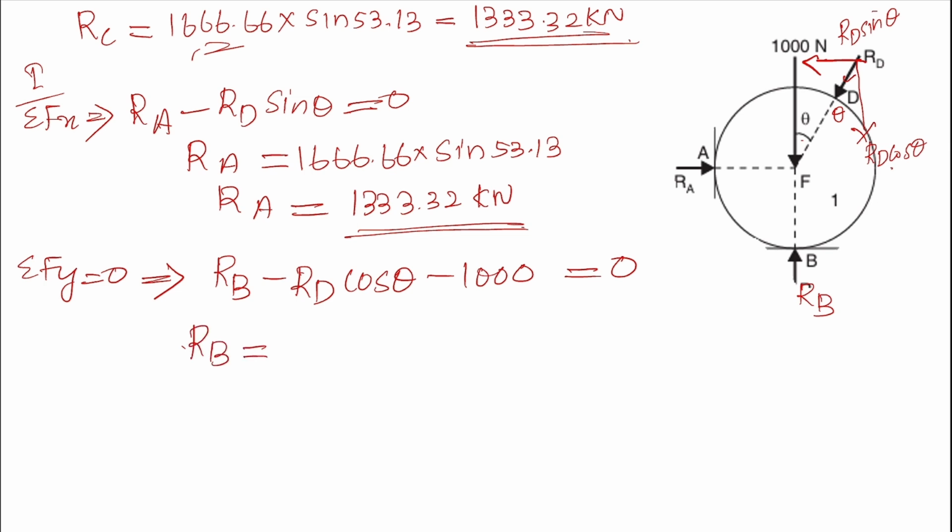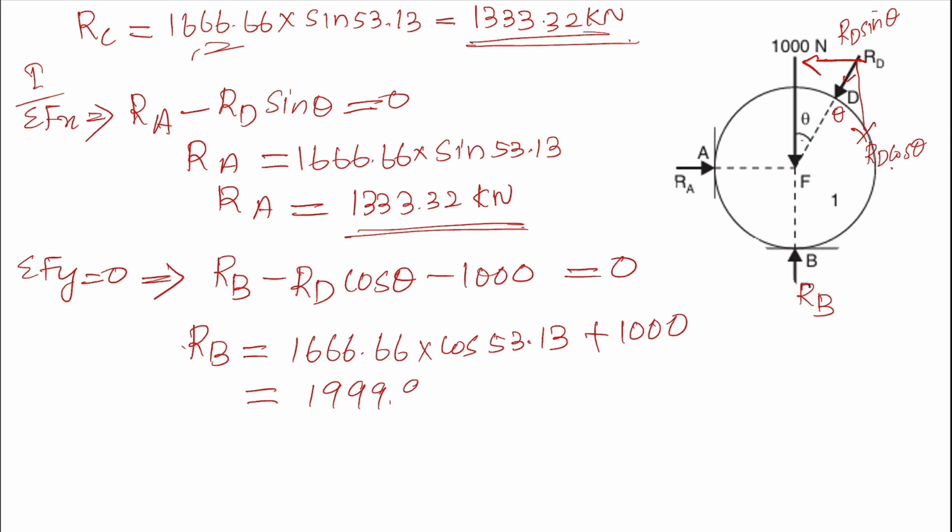RB is equal to RD, 166.66, into cos 53.13 plus 1000. So we will get this as 199.99 kilonewton or 2000 kilonewton. Okay, so we found all the reactions RA, RB and RC.